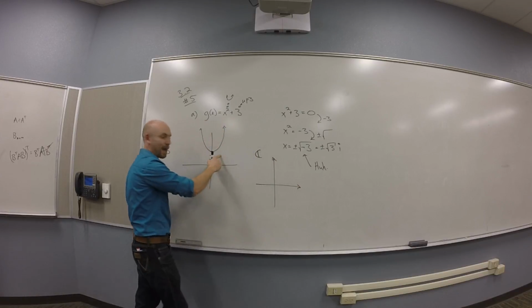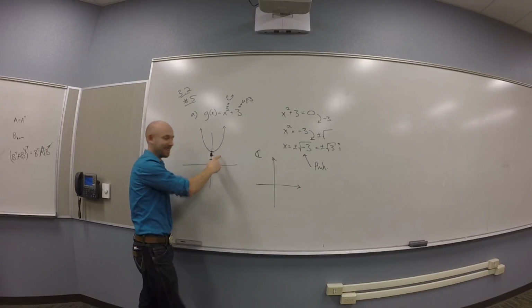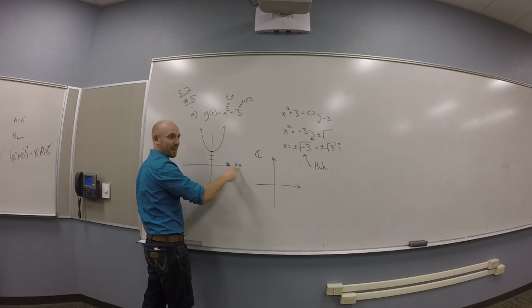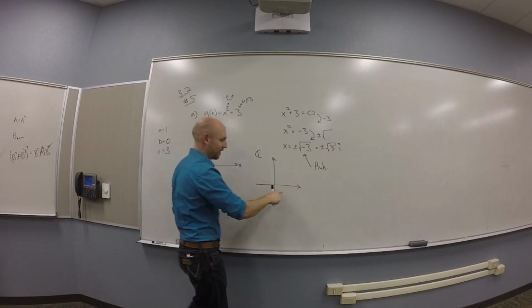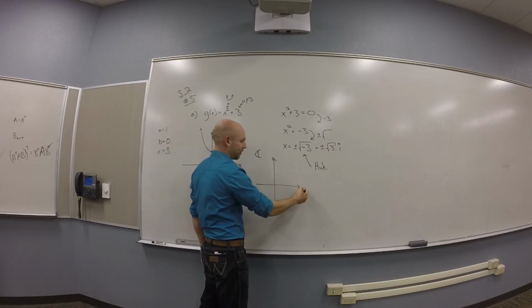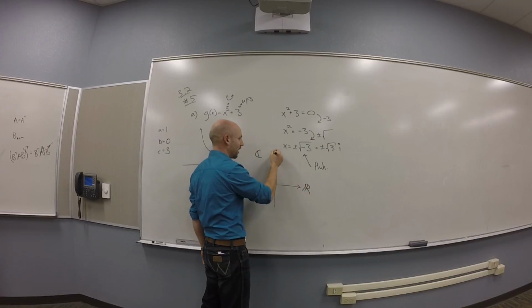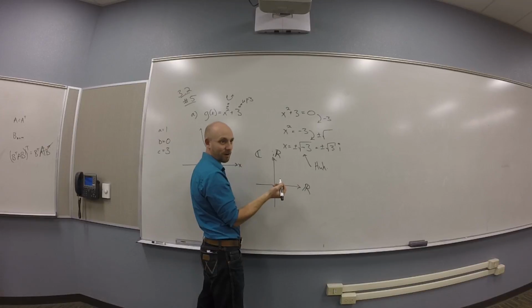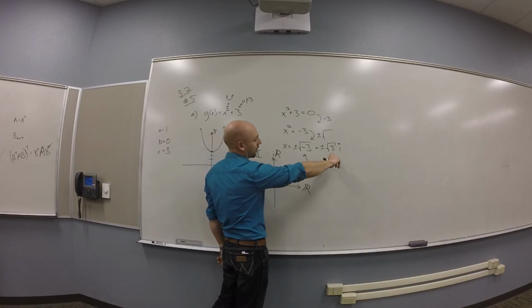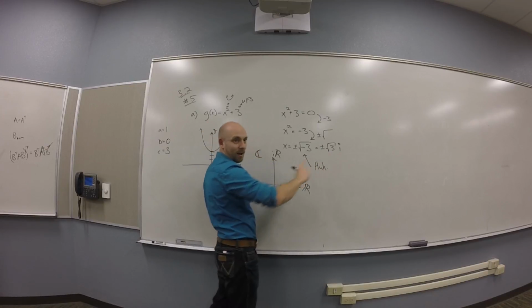So this picture and that picture don't mean the same thing, right? Because this one means real x by real y. And this one means real x by imaginary number, right? So if I wanted to label my two zeros, they're plus and minus root 3 i.